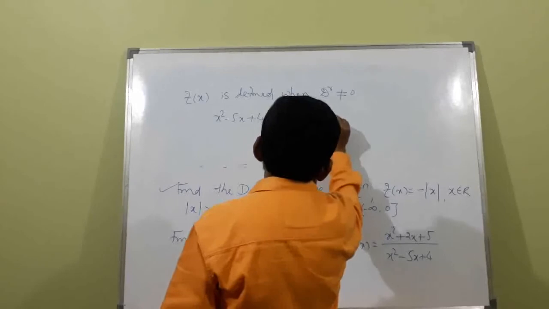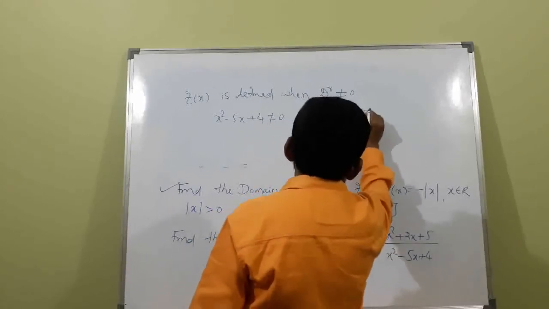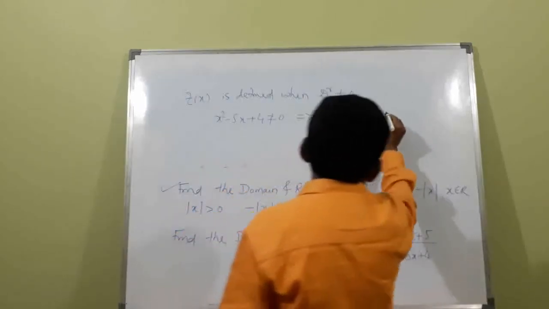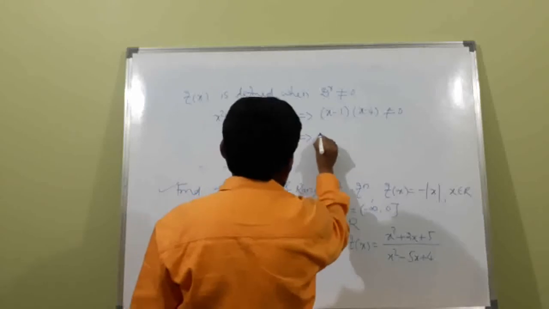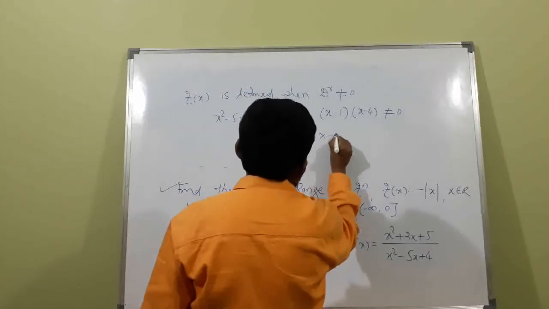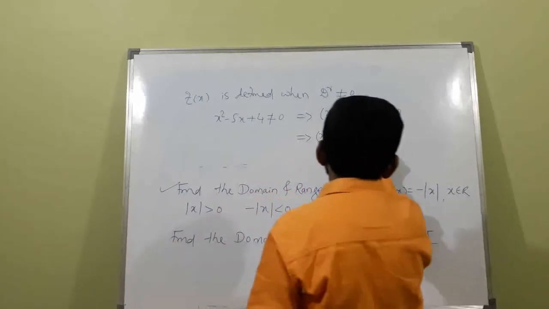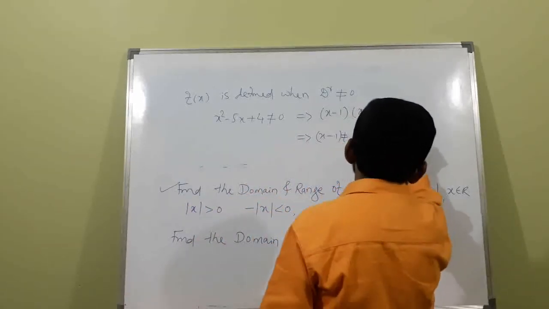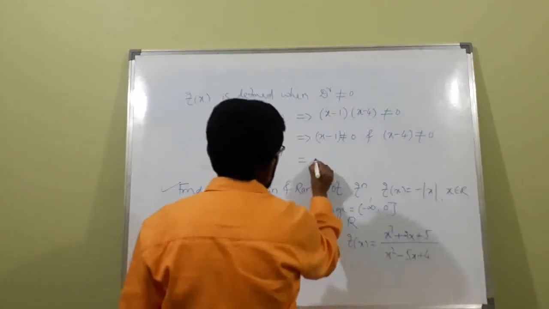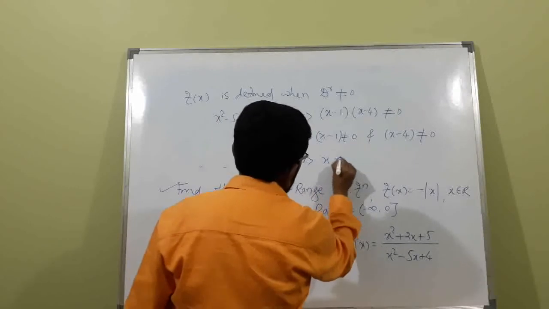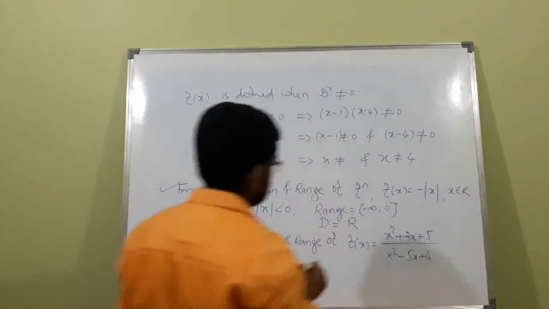That is, if you factorize, (x minus 1)(x minus 4) is not equal to 0. That implies x minus 1 is not equal to 0 and x minus 4 is not equal to 0, that is, x not equal to 1 and x not equal to 4.